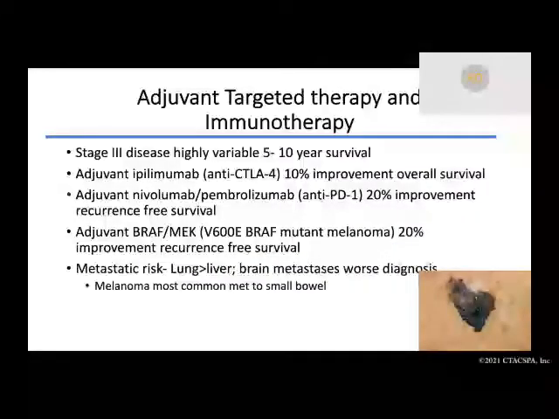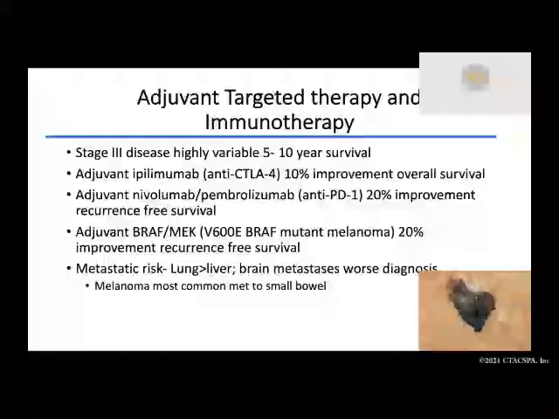Again, more and more cancers are being treated with immune therapy: melanoma, renal cell, lung cancer, and the list continues to expand. I would expect this more on surgical oncology boards than hopefully on your ABSITE, but just so that you've heard the words in case any of you are not familiar.